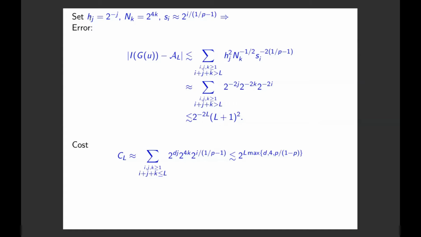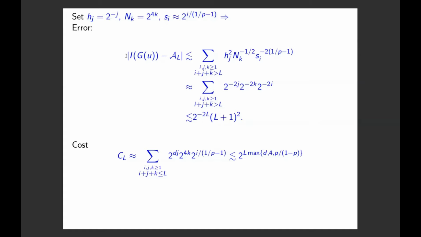So now, let's say we have such a bound, and we can analyze the error, what's happening. So we have, say, h_j of the form 2 to the minus j, N_k is 2 to the 4k, and s_i shall be of this form here.